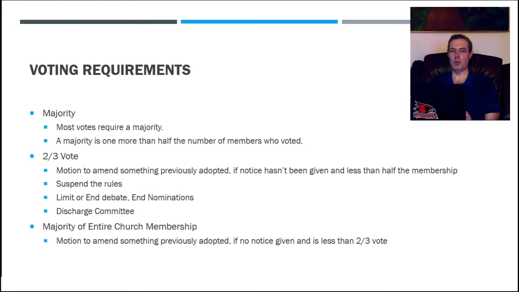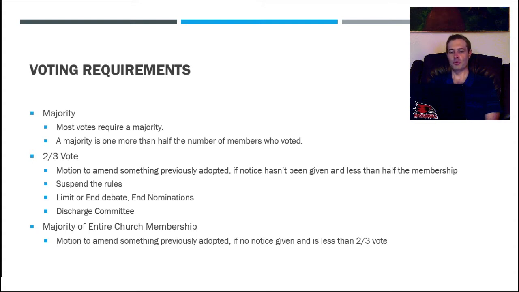You may have 100 people there, but if only 3 people vote, whichever way 2 of those people voted, that's the way it goes. So you have a majority, meaning one more than half the number of members voting.